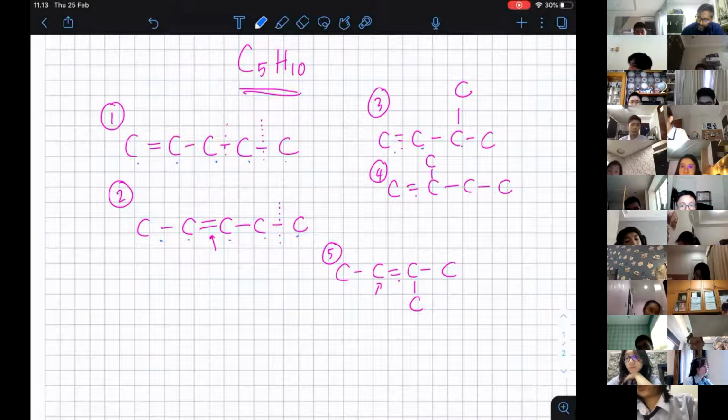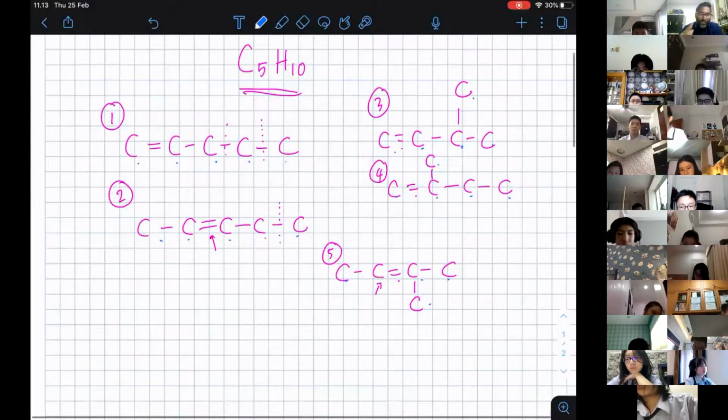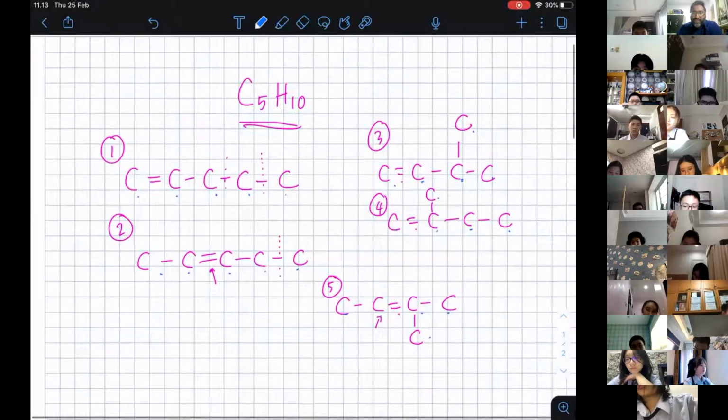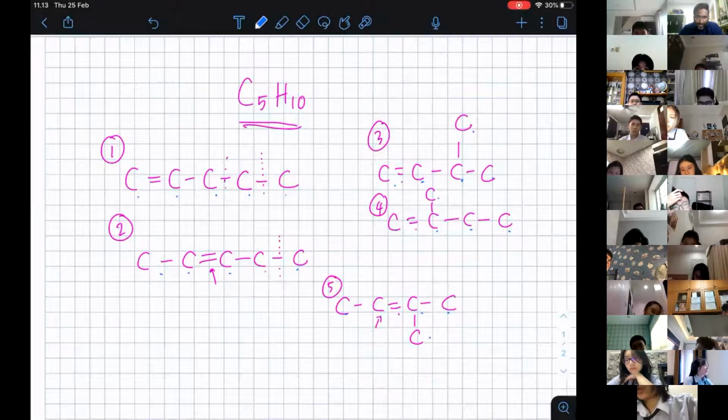This one is going to be three; you are going to have two CH3 groups. No, no, no. Please check. I don't see any chiral center. There is no chiral center, so it means there is no optical isomer. So let's focus on cis and trans.